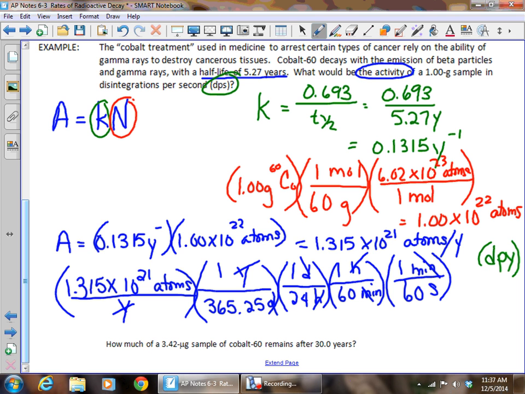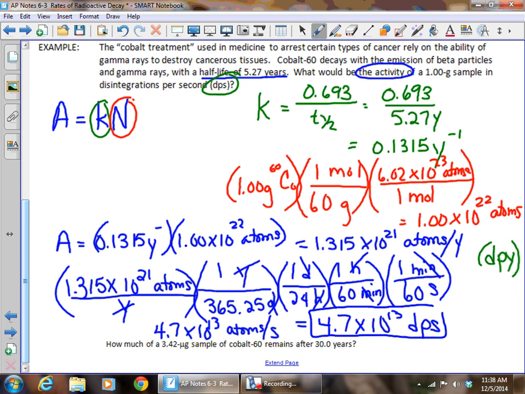And we're now left with 4.7 times 10 to the 13th atoms per second. What that translates unit-wise is 4.7 times 10 to the 13th DPS, disintegrations per second. So that's the answer for that particular problem.